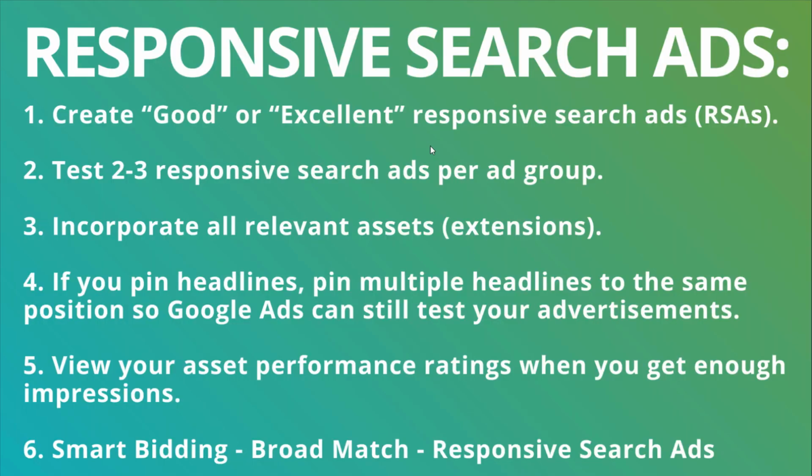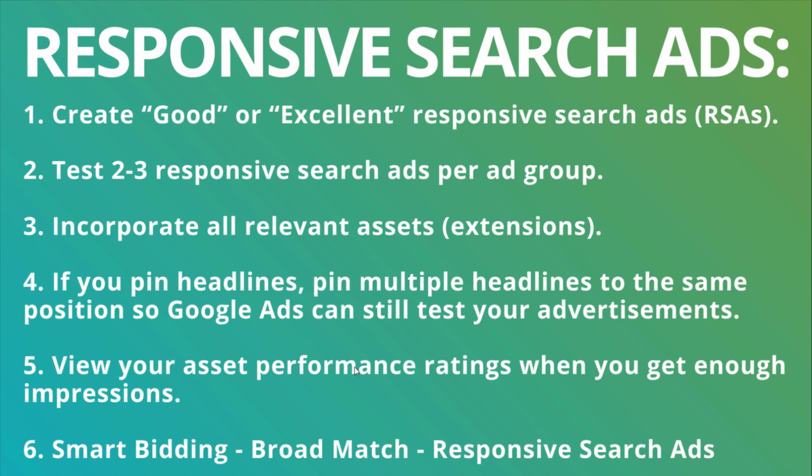Keeping it really simple, create 2 responsive search ads per ad group, incorporate your relevant assets, pin headlines if you want to, have specific headlines showing up based on the actual keywords that you're targeting, or if you have headlines that just absolutely need to be in those search ads, whether it's something legal or it's something related to a promotion or some type of branding that you are trying to focus on.